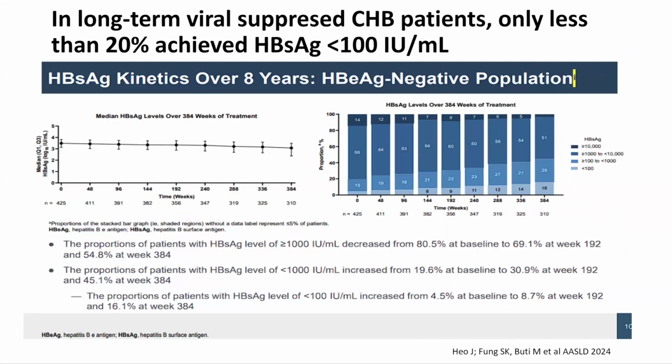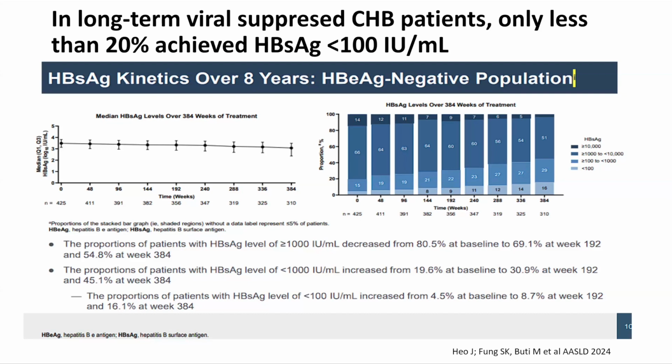These are data on long-term viral suppressed chronic hepatitis B patients, treated with tenofovir for more than 8 years, and you can see that only less than 20% achieve HBsAg levels below 100, the magic number associated with probably a better disease prognosis and a higher likelihood of HBsAg loss.